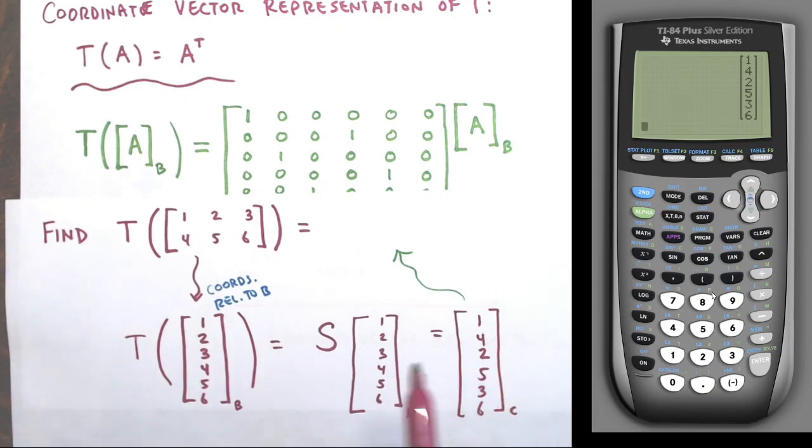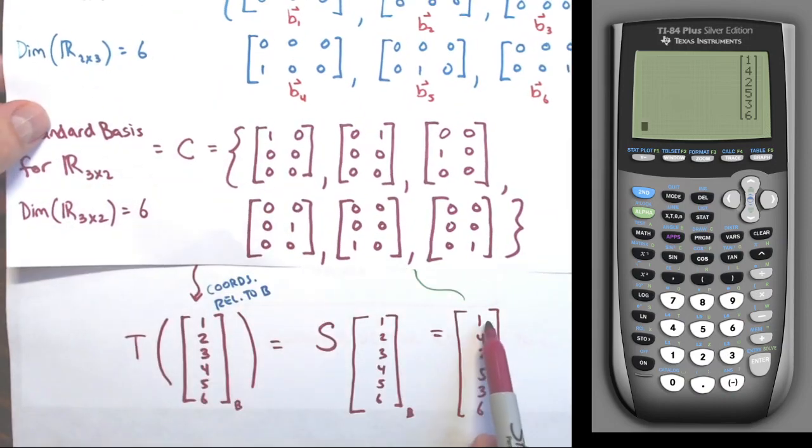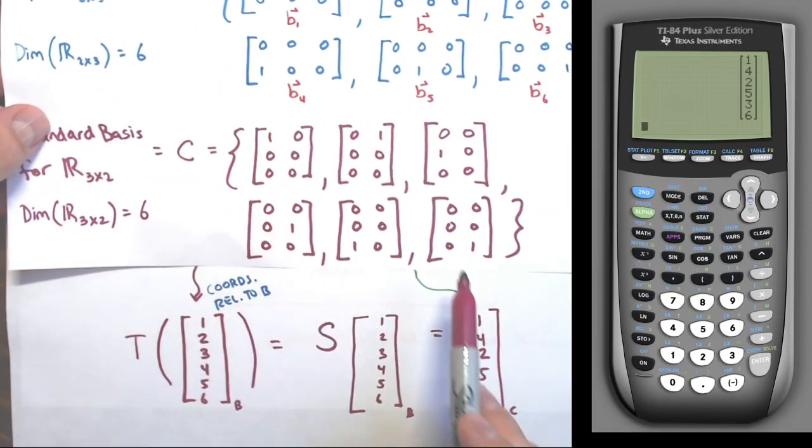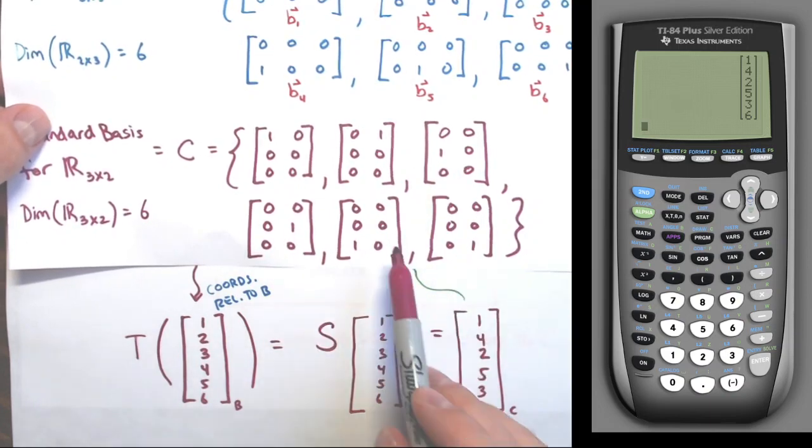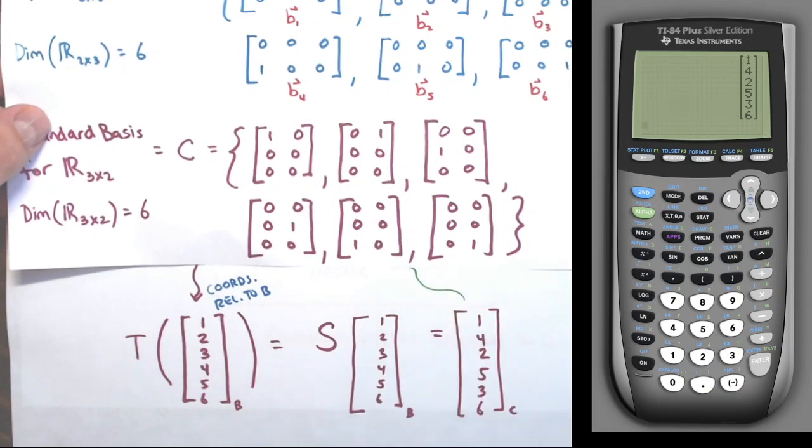Now remember what basis C looked like one more time. So this means it's 1 of this matrix plus 4 of the second plus 2 of the third plus 5 of the fourth plus 3 of the fifth plus 6 of the sixth.